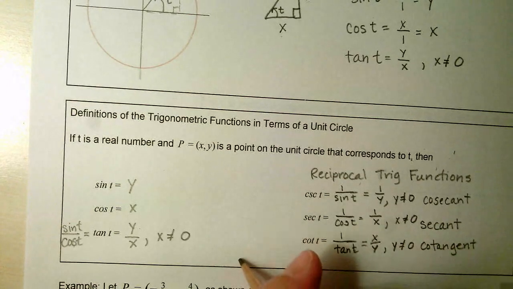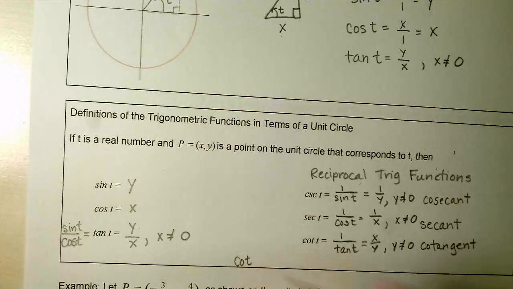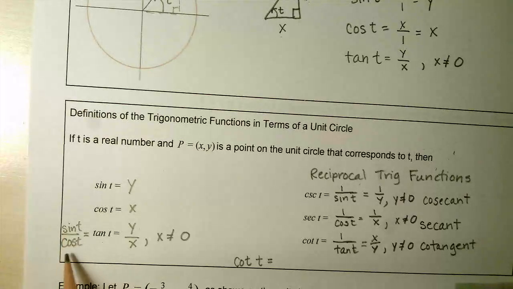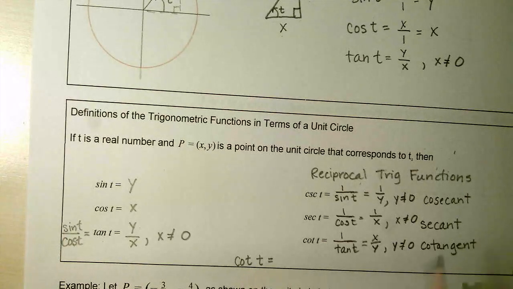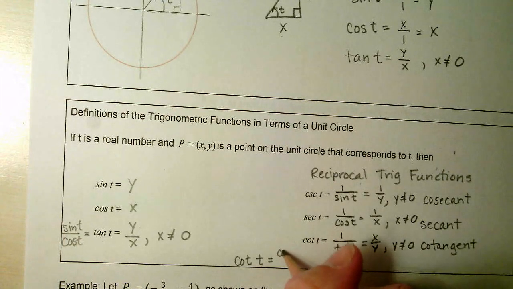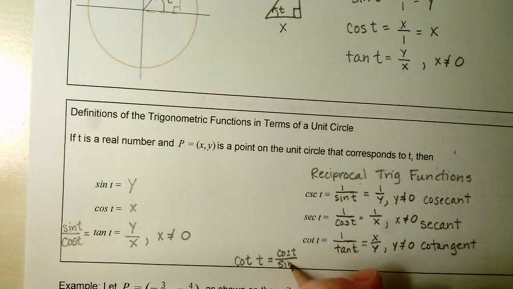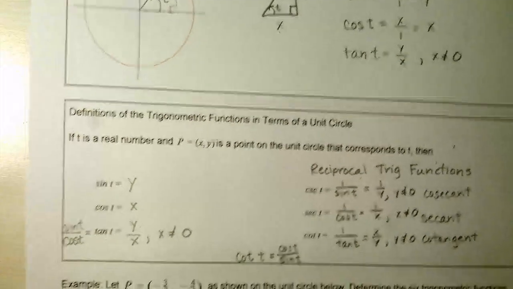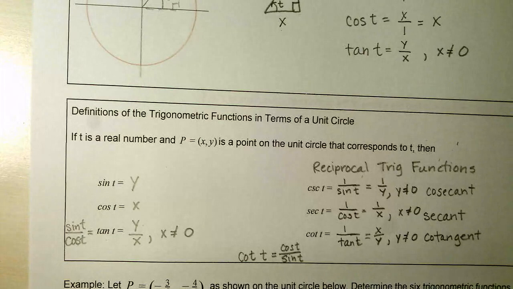I also want to show you the cotangent of t is defined where tangent was sine over cosine. The cotangent is defined as cosine over sine. So these are all different ways to express the cotangent, things that are definitely worth memorizing.